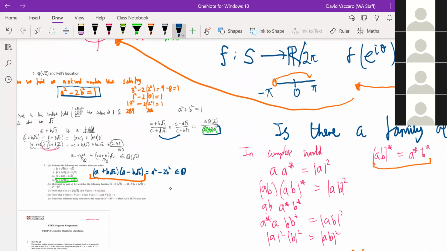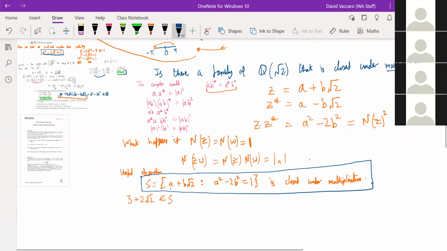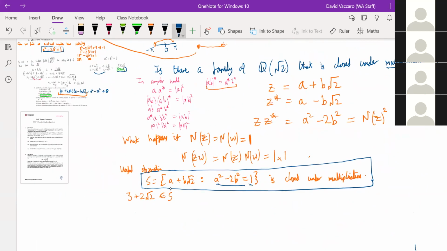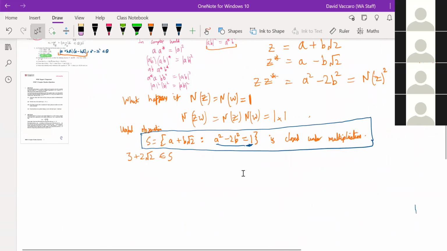If we think of c squared minus 2d squared as being like the modulus, we realize that this quantity is also multiplicative. So if this quantity is 1, then if we multiply two numbers with modulus 1, we get numbers with modulus 1. Now we've got a number with modulus 1, 3 plus 2 root 2, just by inspection. Can anyone give me a second number in S?